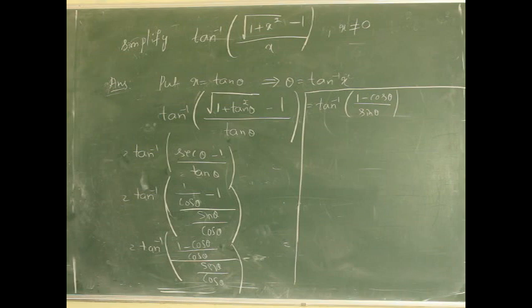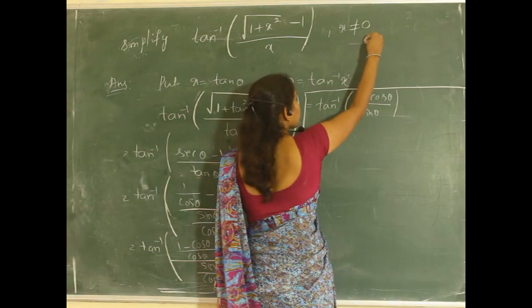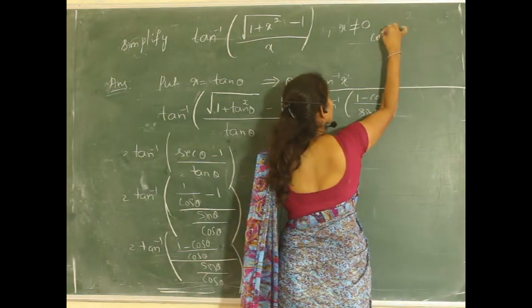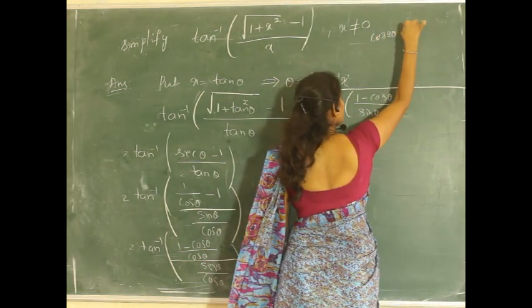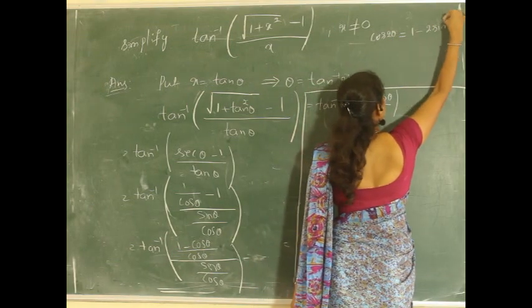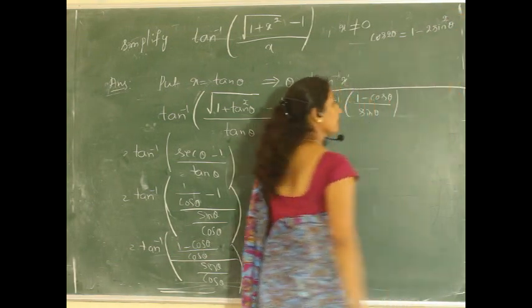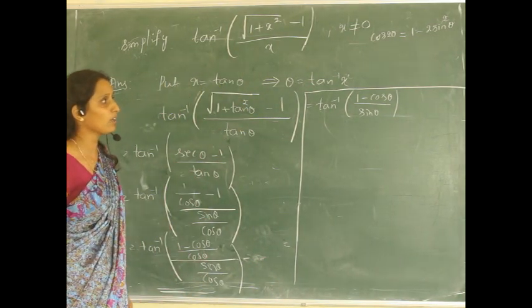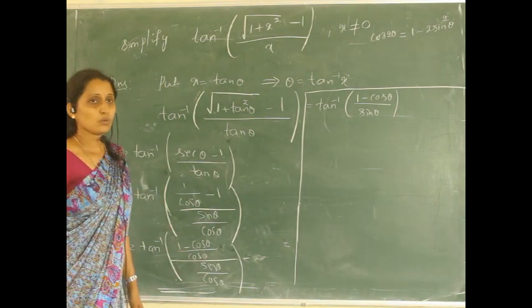So now we have to use some of the formulas. 1 minus cos theta divided by sin theta. I have already told the half angle formulas. We know that cos 2 theta is equal to 1 minus 2 sin square theta. One of the formulas of cos 2 theta is 1 minus 2 sin square theta.